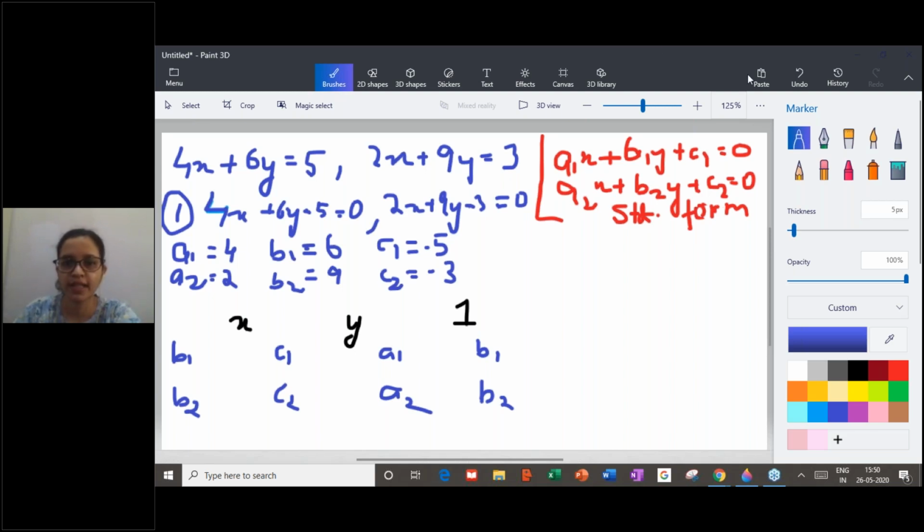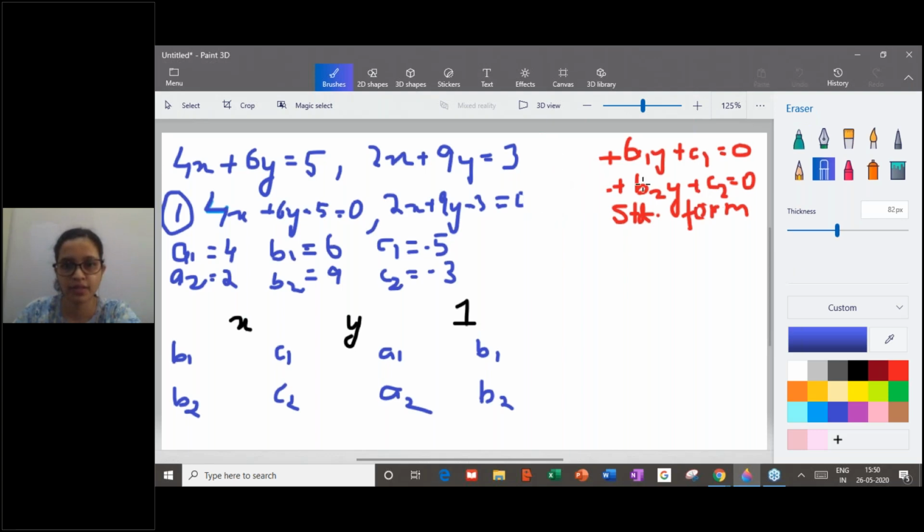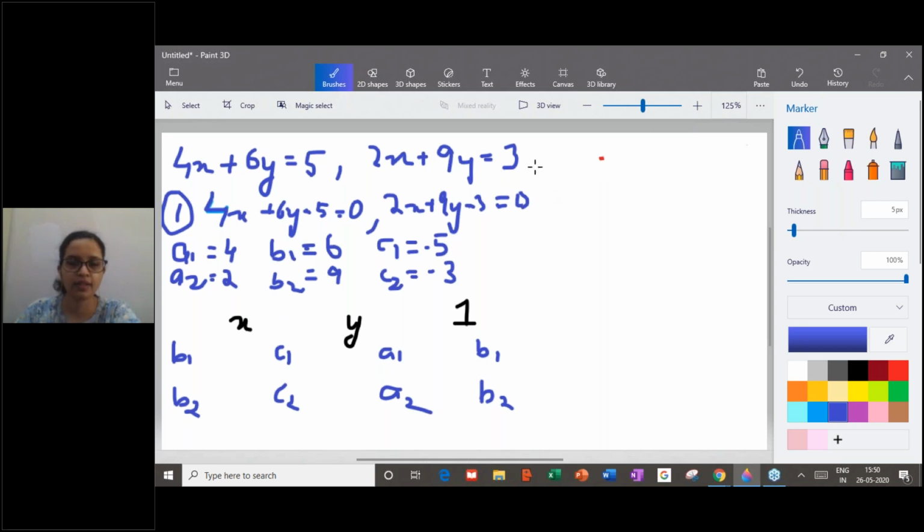What I'll do is I'll just erase this part so that I have some space to write. So I'm going to substitute the values of b1, b2, all that here.